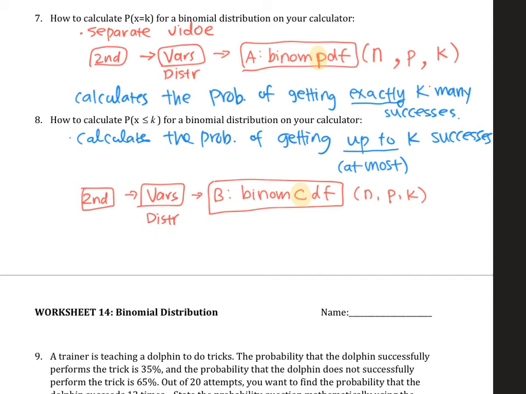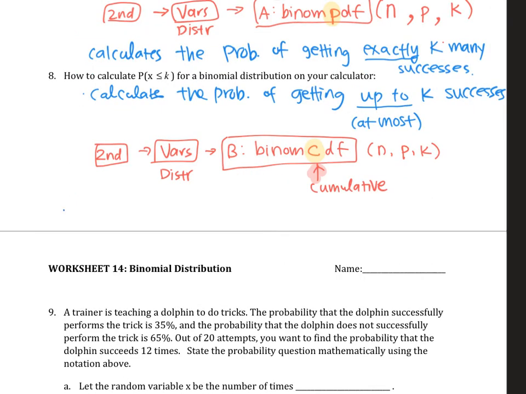C is for cumulative. Cumulative means you're including all the previous probabilities as well. So if I want to look at the probability of getting up to 3 successes, that means it includes 0, 1, 2, 3 successes as well. So these are 2 different function keys you're going to use for binomial, and there's a subtle difference. The CDF will always give you bigger answers than PDF.